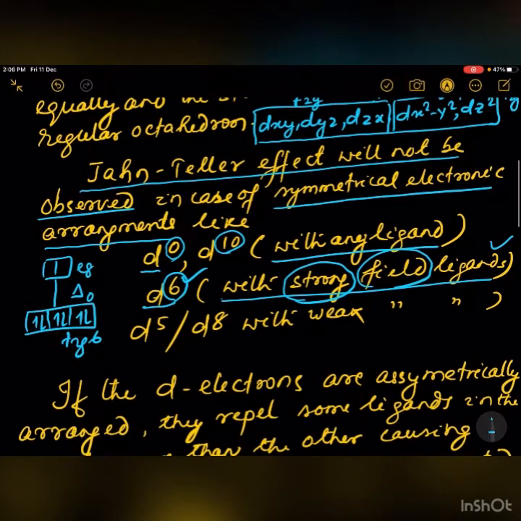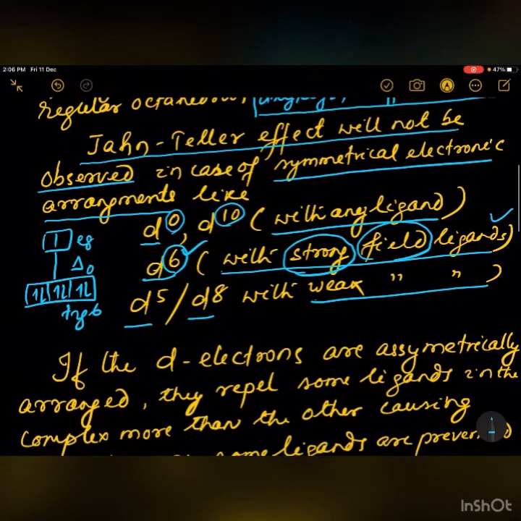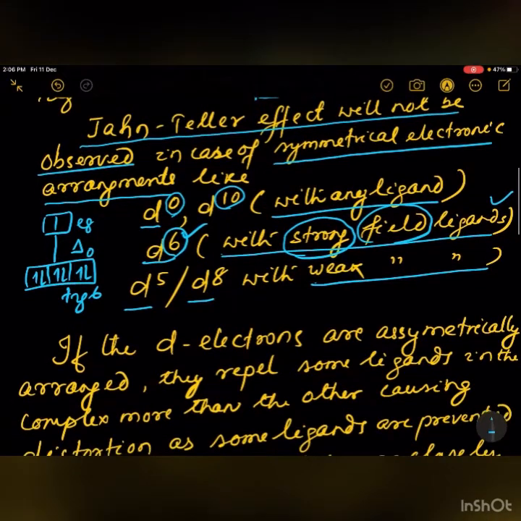Similarly, in case of d5 and d8 with weak field ligands, Jahn-Teller effect will not be observed. You see, this is t2g, this is eg. Suppose there are 5 electrons and the ligand is a weak field ligand, or there are 6 weak field ligands approaching the central metal ion to form an octahedral complex.